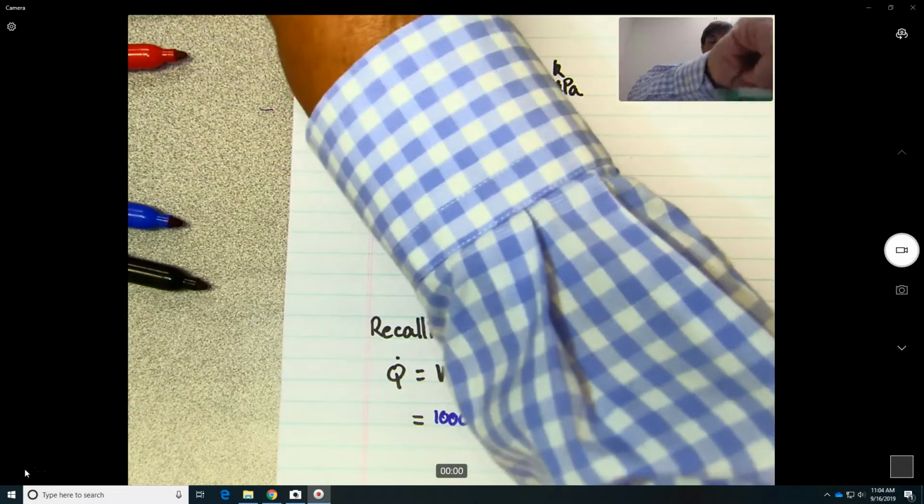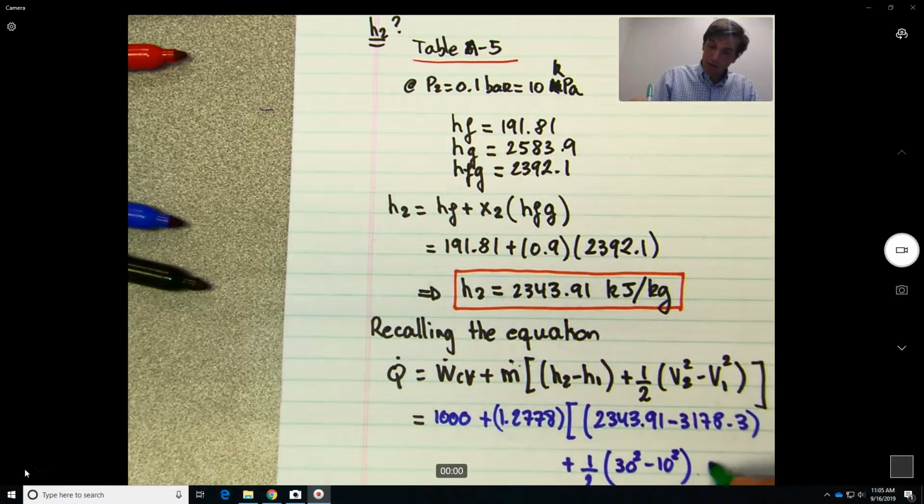But here, let us not forget that we need to divide by the 1000.